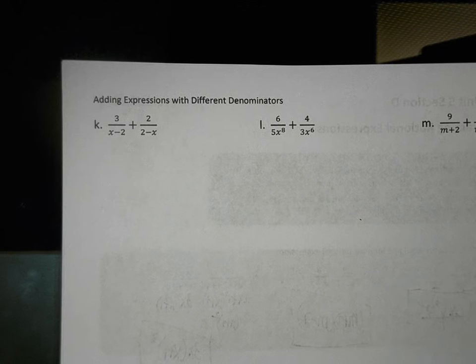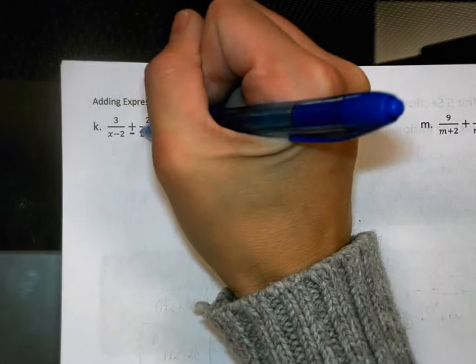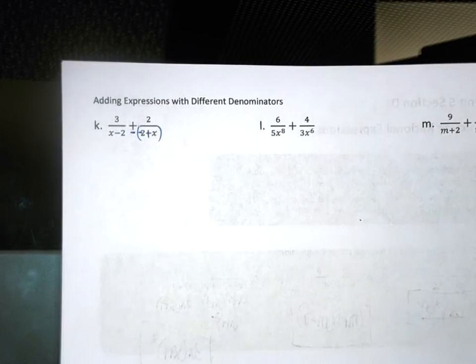So, K, do you notice anything about K? Good. First of all, the denominators aren't the same. Do you notice anything else about the denominators? They are opposites. What do we do with opposites? We take out a negative. Very good. So if I take out a negative here, then this becomes a negative and this becomes a positive.